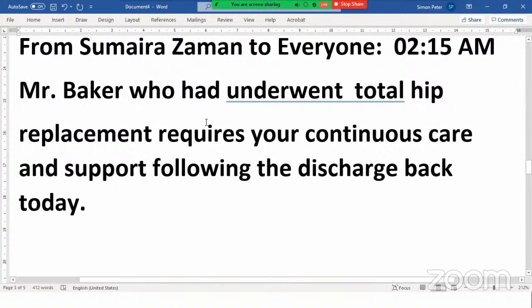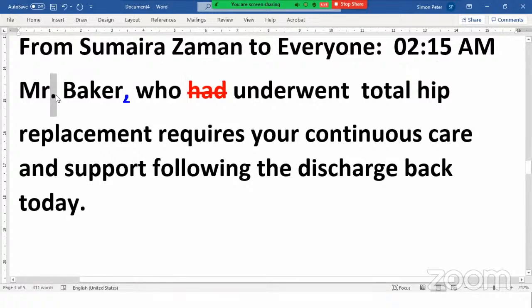Sumaira, had is used with gone, not went. So who had undergone you would have to write, but that doesn't suit here. Mr. Baker, even if you don't write full stop here, no problem.